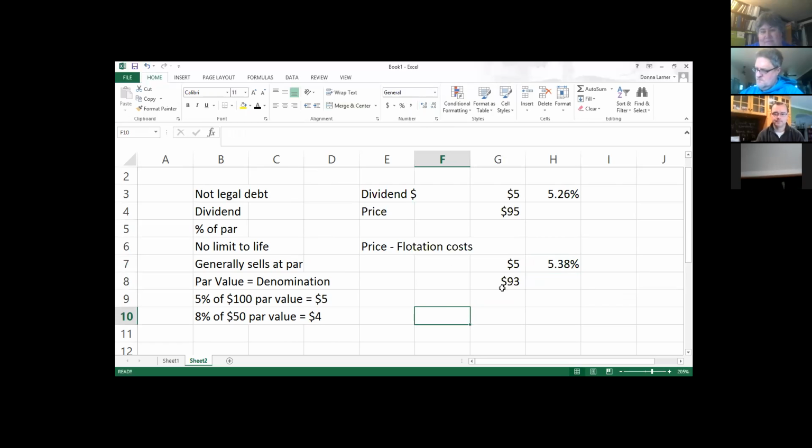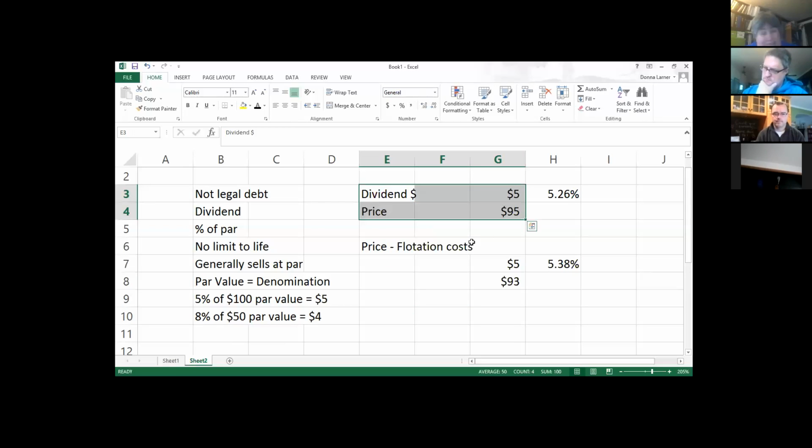Okay. There is no concern about after tax, before tax, anything like that, because none of this is tax deductible. So that's the worst it's going to get with preferred stock. The dividend, the price, you might have to figure in that service charge or flotation cost into the price and do the subtraction or the division.